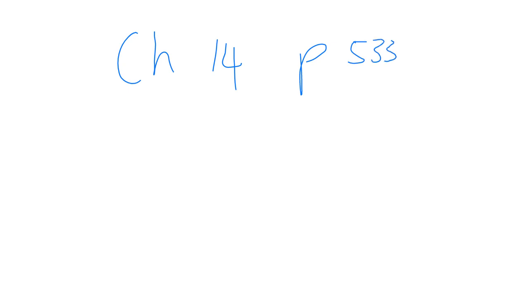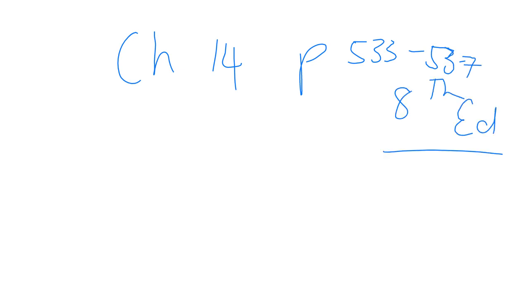So in your thermodynamics textbooks, in chapter 14, I made a note of the page references. It's page 533 to 537, and that is in the 8th edition of Smith, Van Ness, Abbott, and Swihart, your thermodynamics textbook.